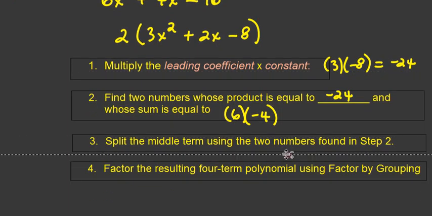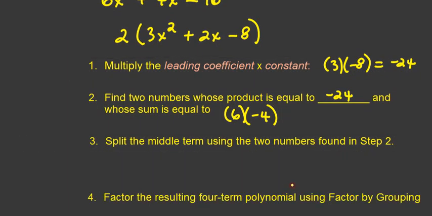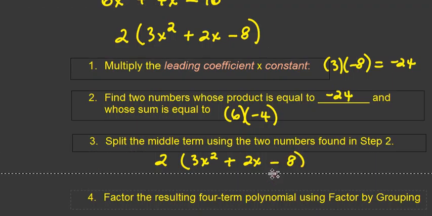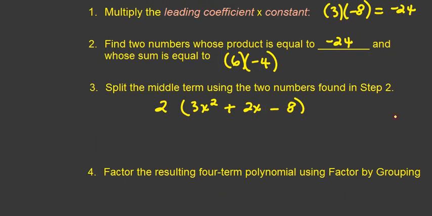So then we take the original trinomial. Now, again, we're talking about factoring this trinomial. So I'm going to take the 2 and bring it down just so we don't forget it's there. But we take the 3x squared plus the 2x minus the 8, and we split up that middle term.